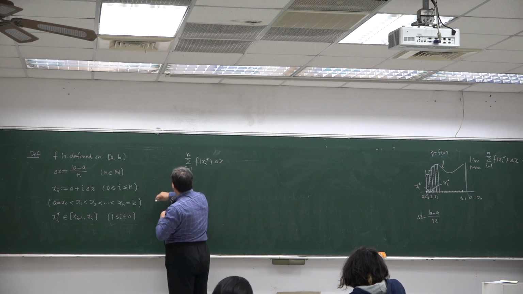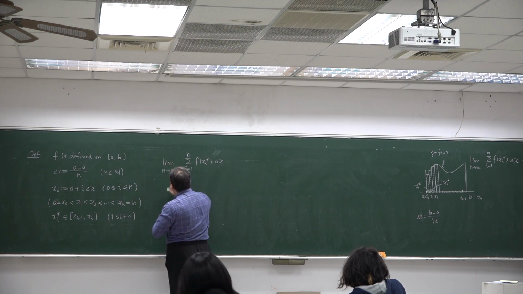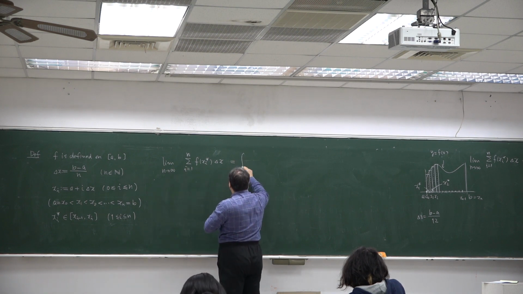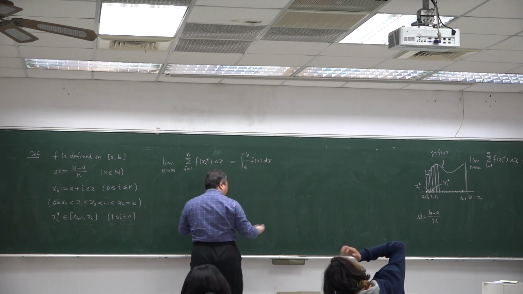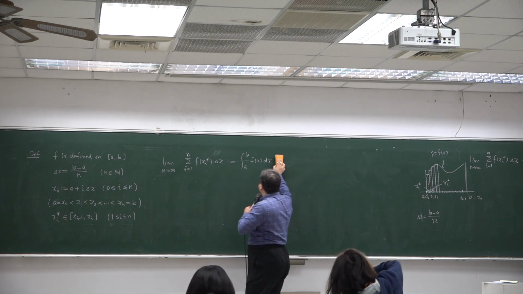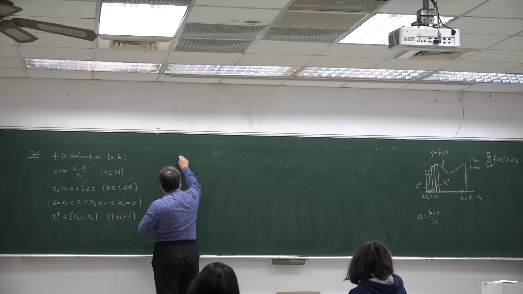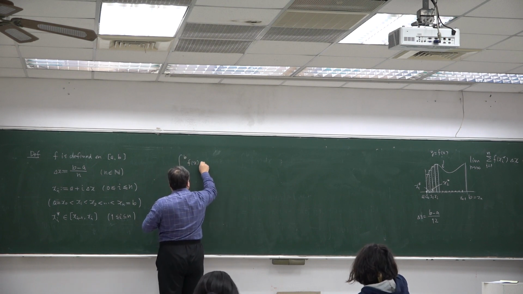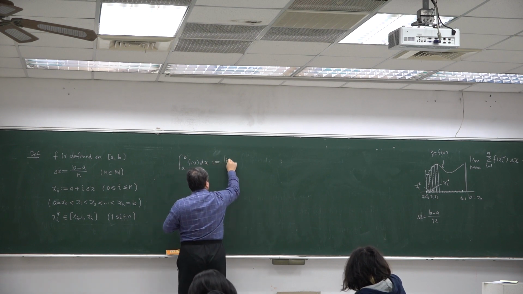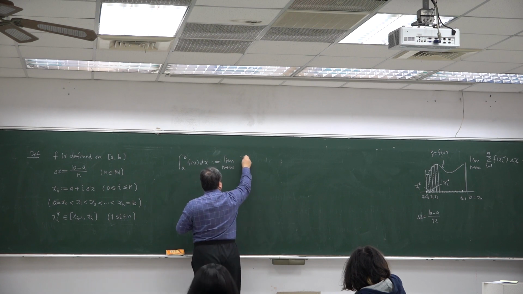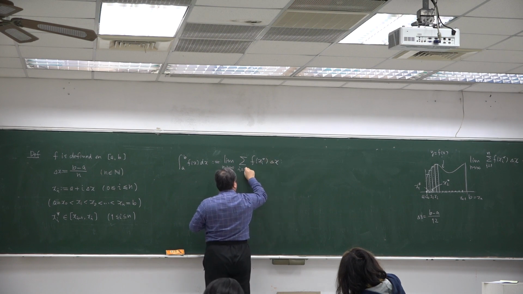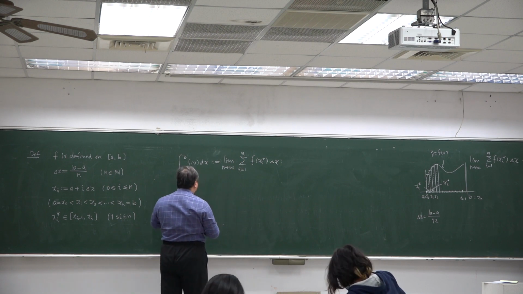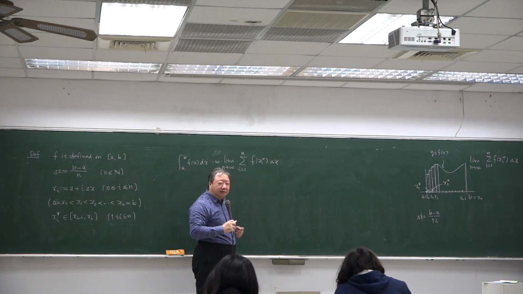If n goes to infinity, this limit exists, then we define this symbol to be the limit of this finite sum, no matter what sample points are chosen.